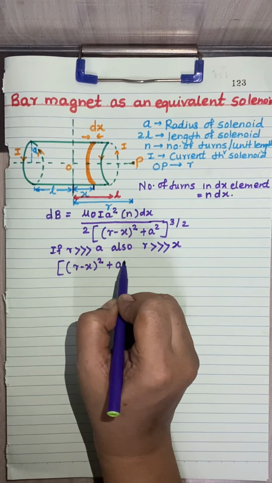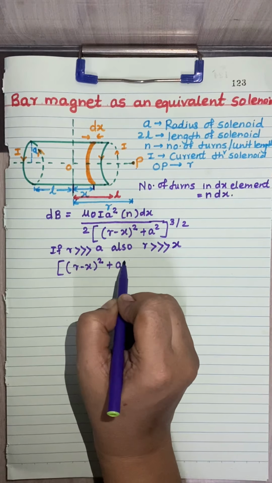Because R is greater than A and R is greater than x, those terms are negligible. So the equivalent value is R raised to 3, because x and a square are excluded: R square raised to 3 by 2, that is R cube.